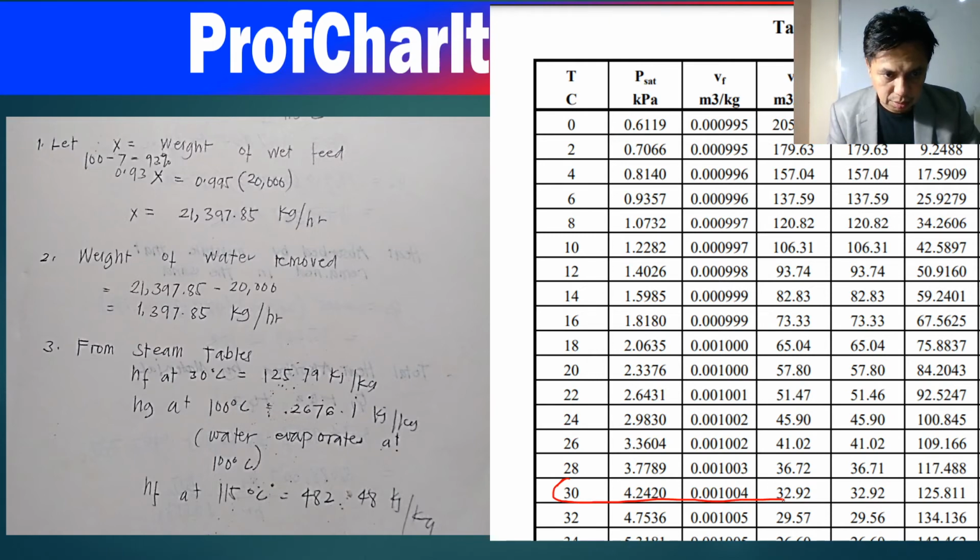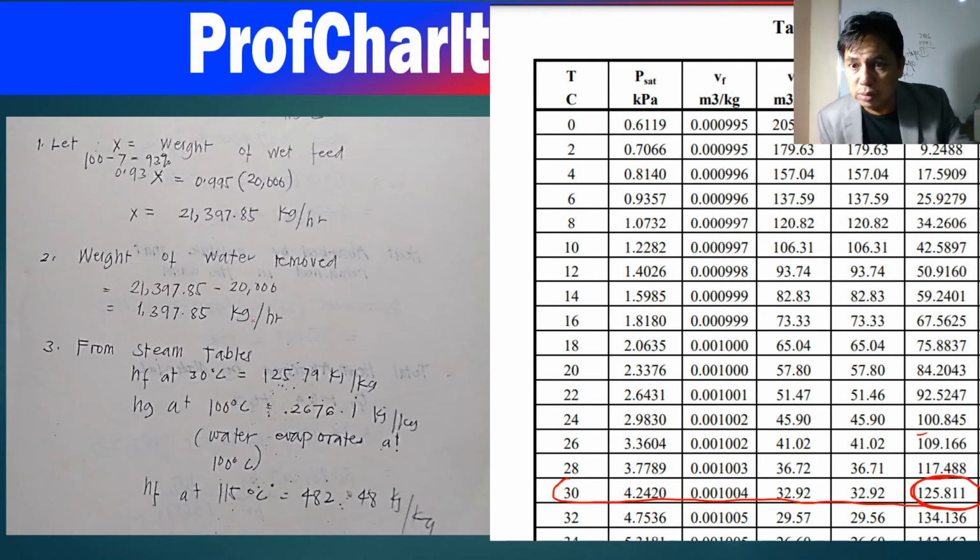So 30, you go here, here, here, here, right? Because it's HF. Why HF? Because it's a saturated fluid, right? So we will have this value of the HF. Where are we here? 125. What do we get?